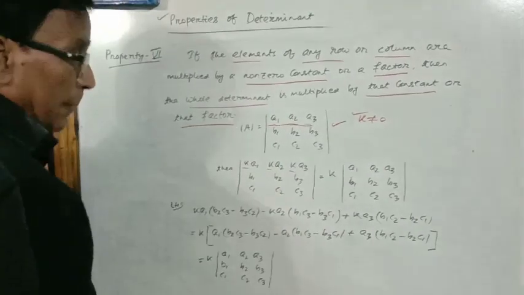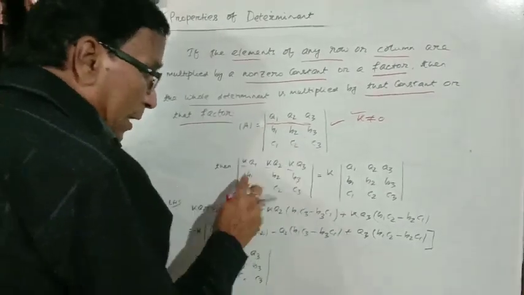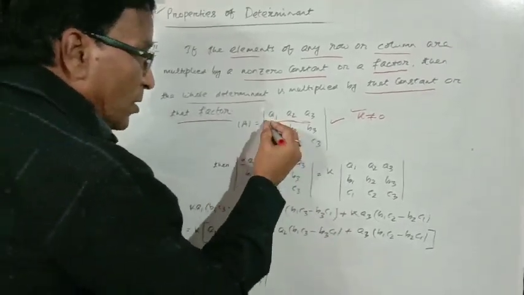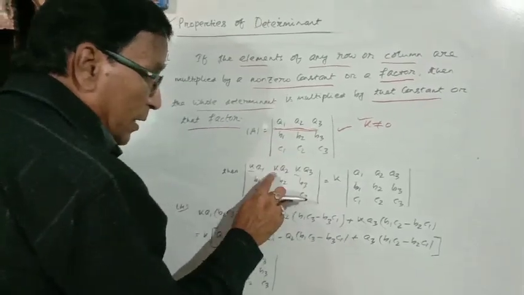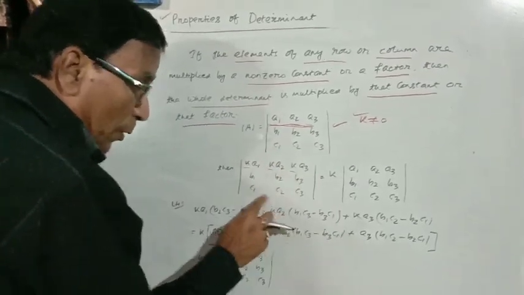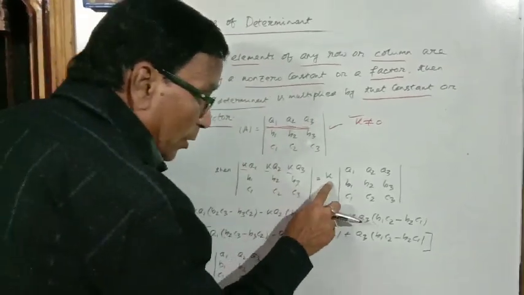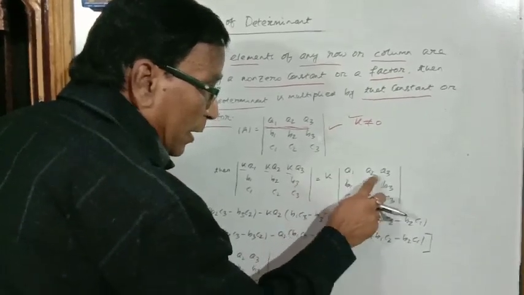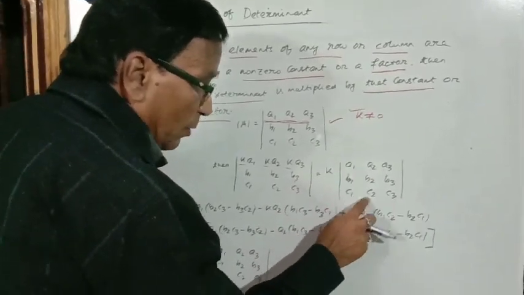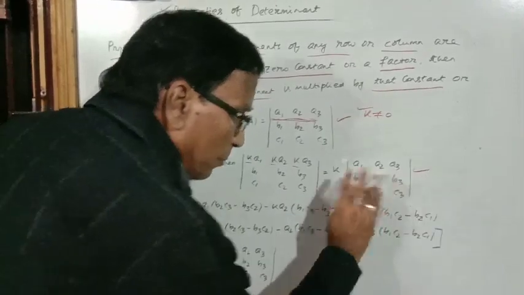So here we have multiplied the elements of the first row by a non-zero constant k. And we have to prove that this determinant is equal to k into the determinant of A1, A2, A3, B1, B2, B3, C1, C2, C3. It is a very simple thing.